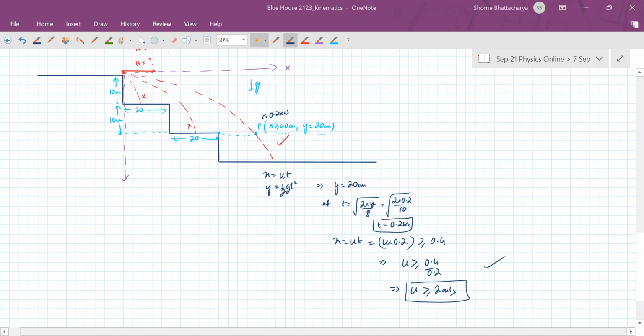So we could have taken H as 30 also, right? No, but then see, that is the time when it has reached the ground level. But for the ground level, the condition is different. You have to make sure that you miss this point. So the difference between this trajectory and this trajectory is here only, when the level is this.